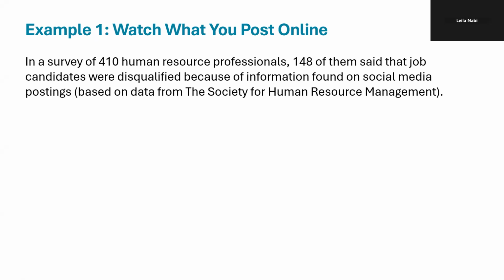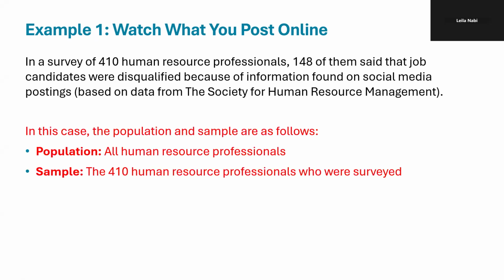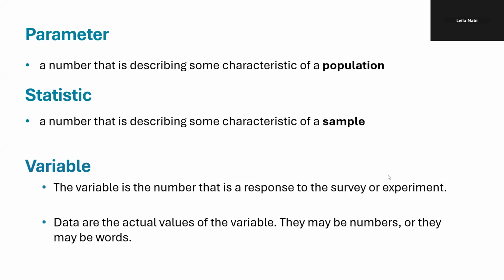We only give the survey to 410 of them. So those 410 human resource professionals who were surveyed are the sample. All human resource professionals are the population, and the 410 who were surveyed are the sample.